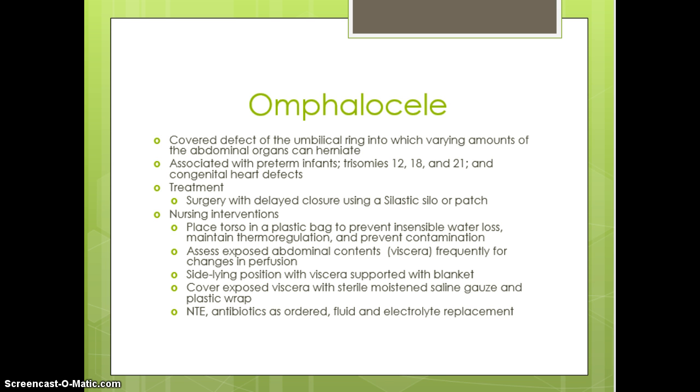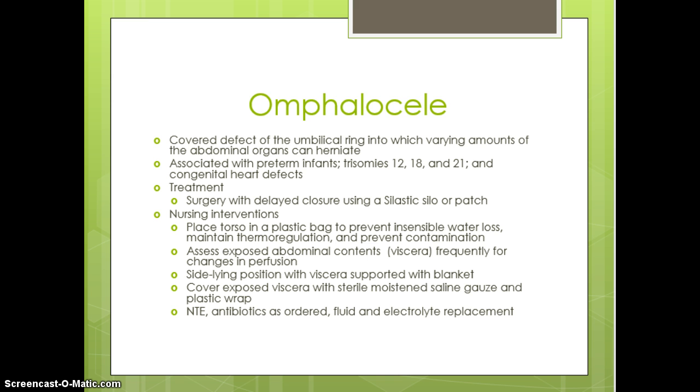A lot of times we see the omphalocele with many of the trisomies, and what occurs is that it is a surgical procedure to correct and repair that hernia. So what we will do until that can occur is use a plastic bag to prevent dehydration and water loss. We're going to maintain their thermal regulation. We want to prevent any contamination onto those organs because otherwise that would cause infection.